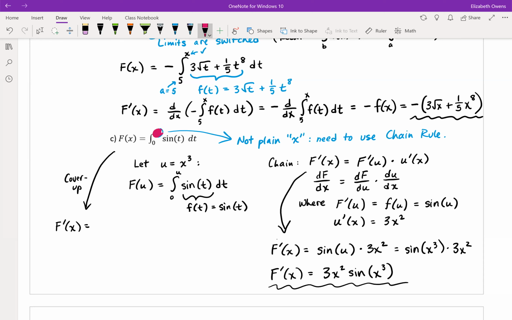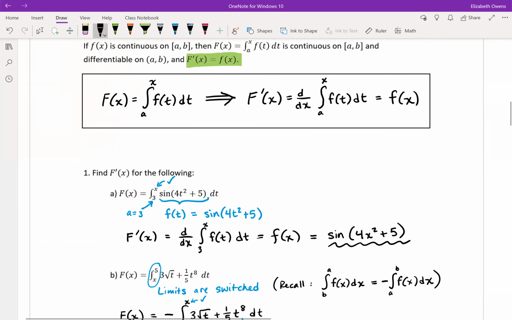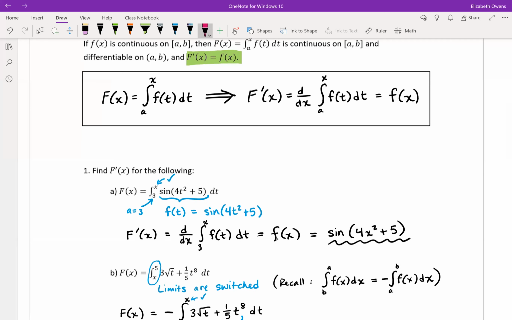And so we would take the derivative of this integral from 0 to pink blob of sine t dt. And that would give us from our theorem, it's like this type of thing, but with pink blobs. Okay. So you're going to end up with f of the pink blob.